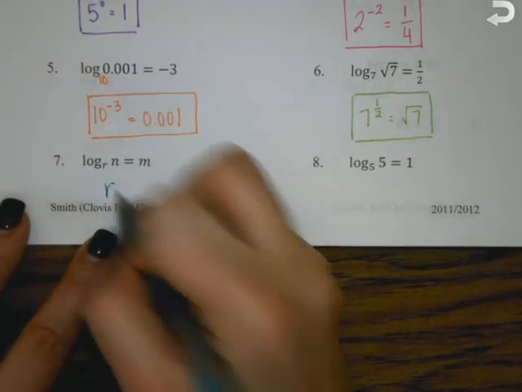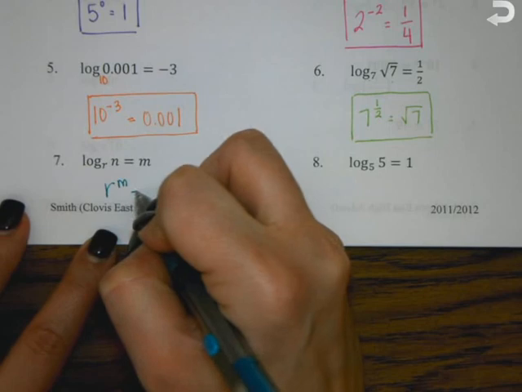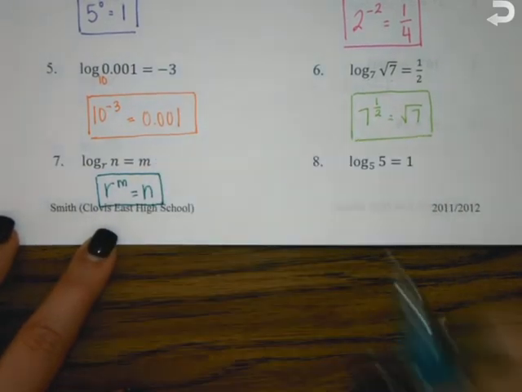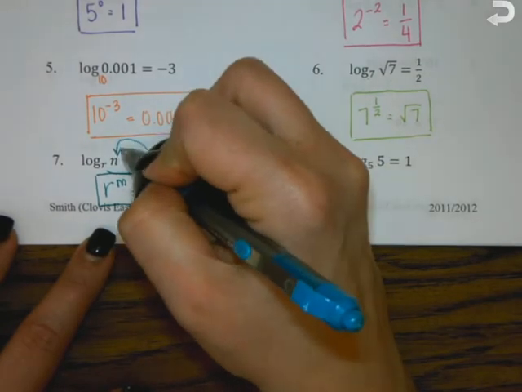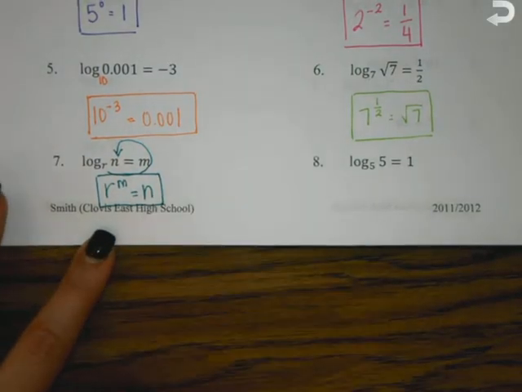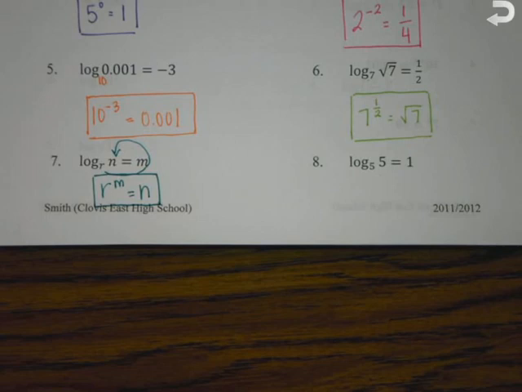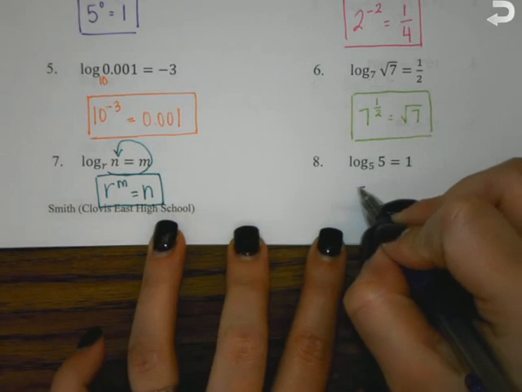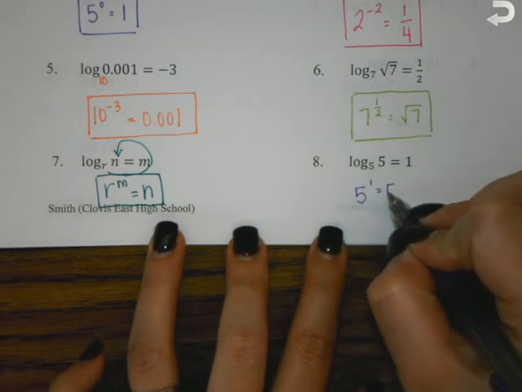What's your exponent? m. And the whole thing is equal to n. So it's the exact same thing. You start at your base, you go up and around. There's just no numbers involved, but the process is exactly the same. And then the last one, log base 5 of 5 equals 1. What did you get? 5 to the first equals 5. True? Yes.